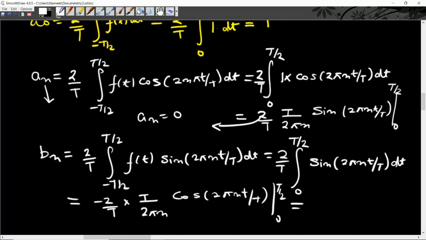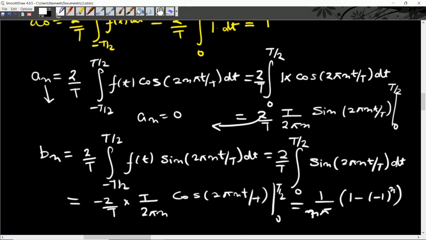And when we put the limits, we'll see that this integral is equal to 1 over n pi times 1 minus minus 1 raised to power n. This minus 1 raised to power n term comes because when we substitute this capital T by 2 over here, we have terms like cosine pi n, and cosine pi n takes value of minus 1 raised to power n.